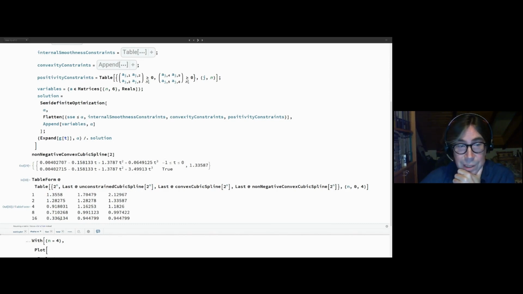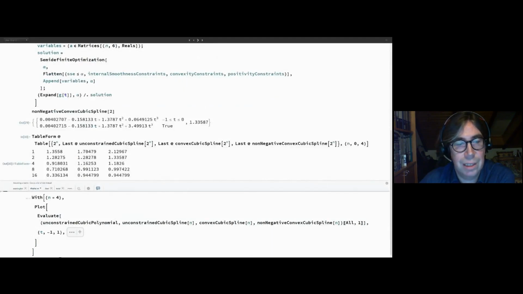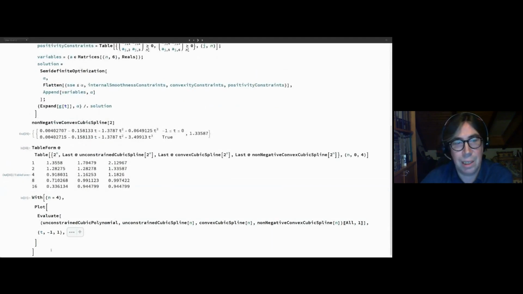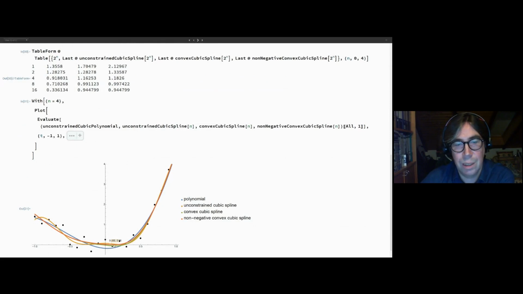So these columns are like before unconstrained, convex constraint, and now positive and convex constraint. So the additional constraint enforces a larger sum of squared errors, but it decreases over the number of intervals, of course. And when you look at the result, we now have the red curve, which is convex and non-negative, just as we wanted.